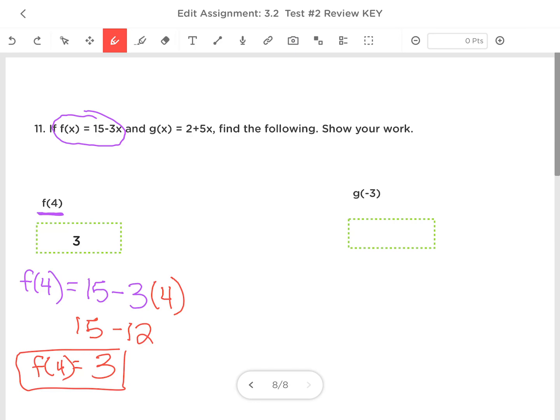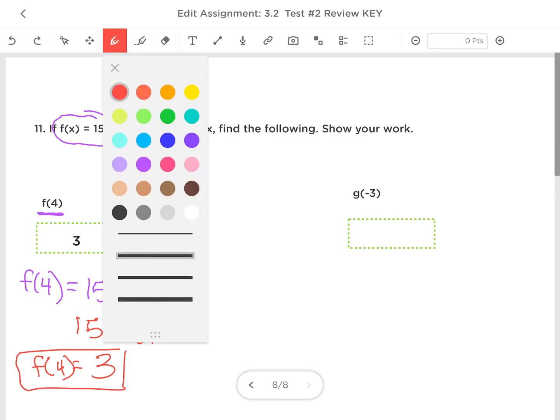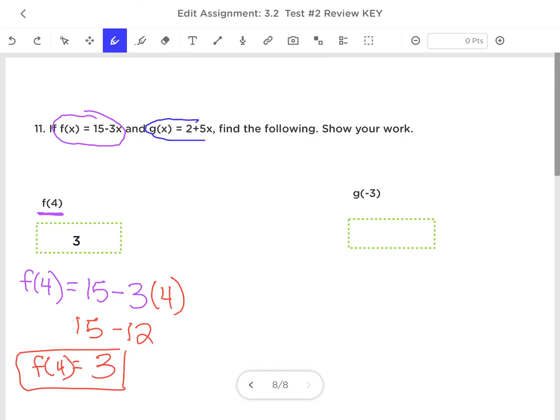Okay, now this next one, it wants us to use the g equation. That's this equation because it has the letter g. This is telling me that x equals -3, and we're going to plug it in.